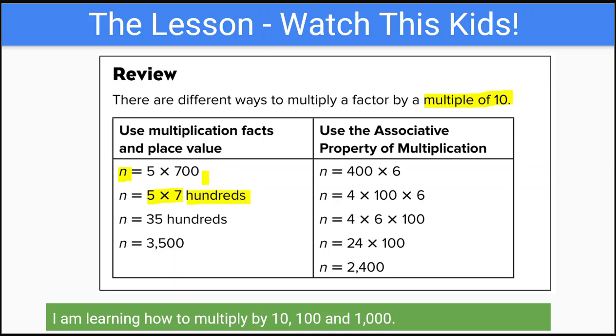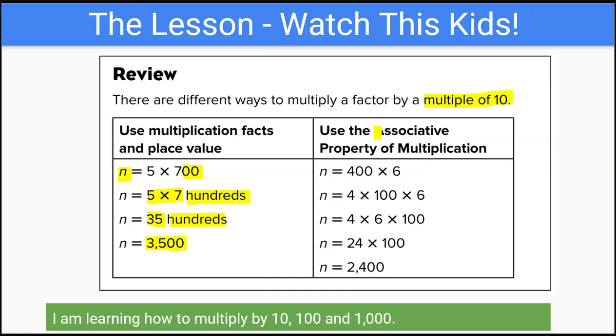Anytime you see two zeros together, that means the same thing as the word hundreds, okay? 5 times 7 is 35 hundreds, okay? And then 35 hundreds is written like this. 35 and two zeros, that means 35 hundreds. If you were going to write the whole thing, it's the same thing as 3,500. That's 35 hundreds.